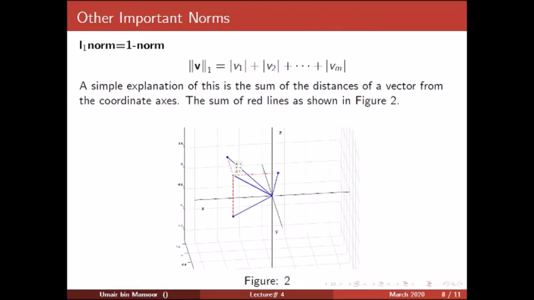Okay, let's look at some other famous norms. So we have gone through the L2 norm. Let's go through the L1 norm. So what is the L1 norm? Now the L1 norm is, as stated, the sum of the components of a vector.